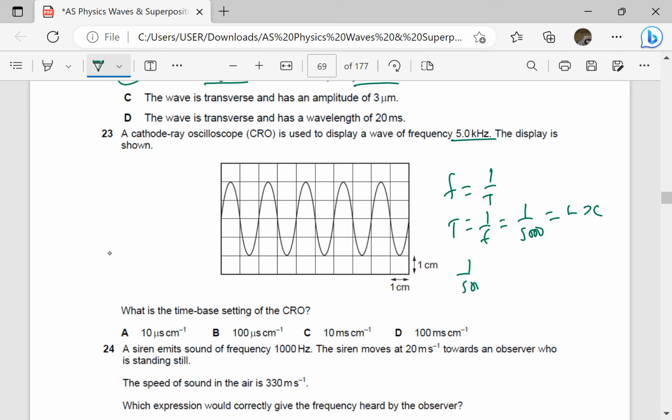So 1 over 5,000 is equal to length representing 1 cycle, which is 2 boxes. Those are 2 centimeters, so that is 2 centimeters times the time-base setting x. Remember this one is in seconds.